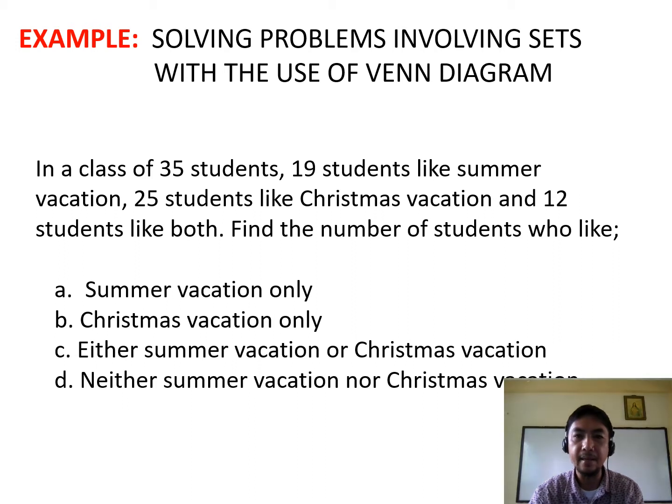Ibig sabihin, gusto nila ng summer vacation at gusto pa rin nila ng Christmas vacation. Sino naman ang ayaw? Okay? So, find the number of students who like A, summer vacation only, B, Christmas vacation only, C, either summer vacation or Christmas vacation, and D, neither summer vacation nor Christmas vacation.